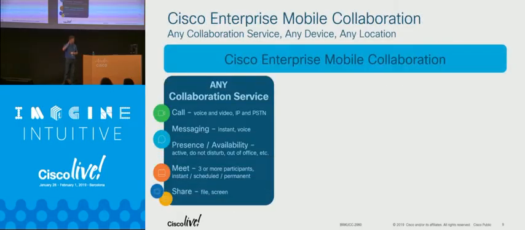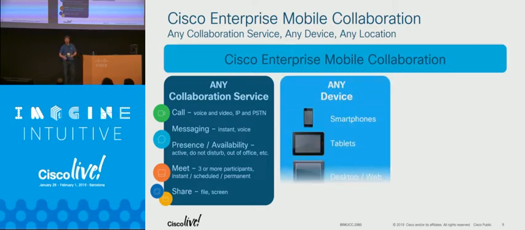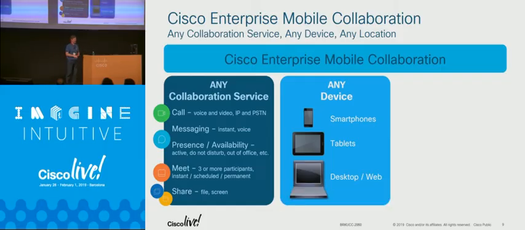In summary, and you'll see me come back to this a few times, the whole idea behind mobile collaboration is to provide any collaboration service, whether that be calling, messaging, meeting, share, whatever those things may be, across any device, whether it be a smartphone, a tablet, a desktop, even web interfaces from a web browser.